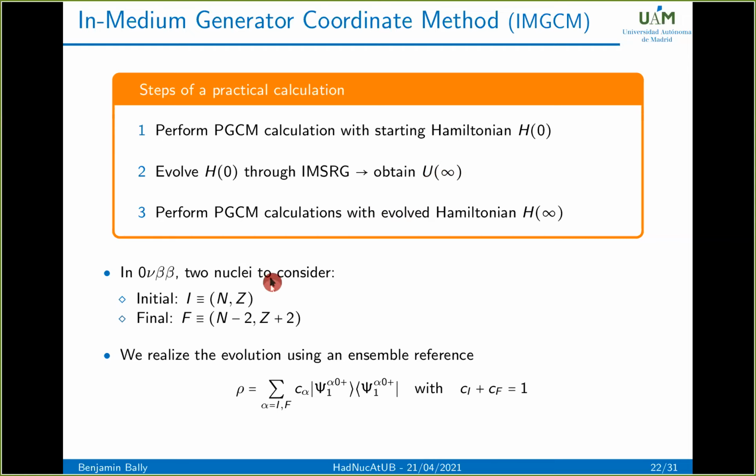But it's very complicated because you can't use a simple formula to combine the two unitary transformations. So instead, we do a PGCM calculation for the initial and final nucleus, and we use an ensemble reference in the evolution to obtain the unitary transformation. We checked in particular that the weight of each of the initial and final states did not change the results. It's a very simple way to bypass this problem of having two different nuclei.